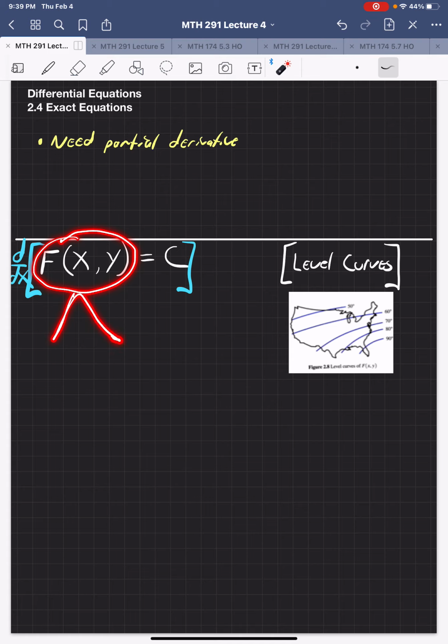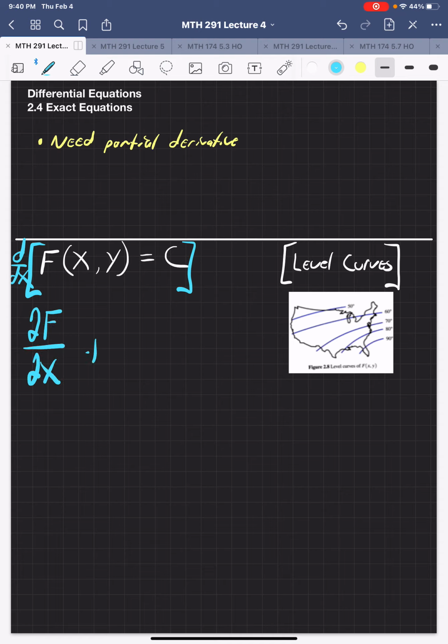Of course, the derivative of the right side is just 0. So what you would end up with is the partial of f with respect to x plus the partial of f with respect to y.